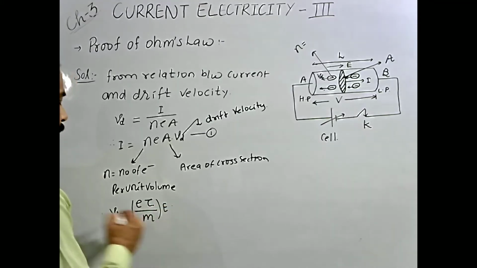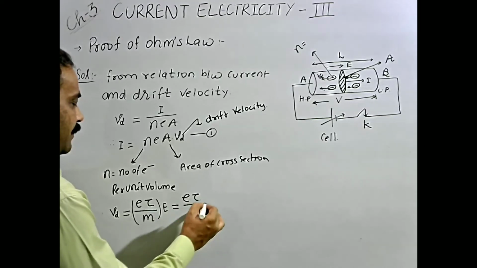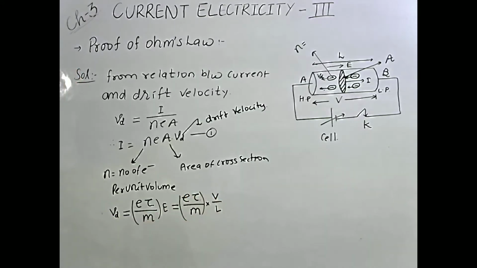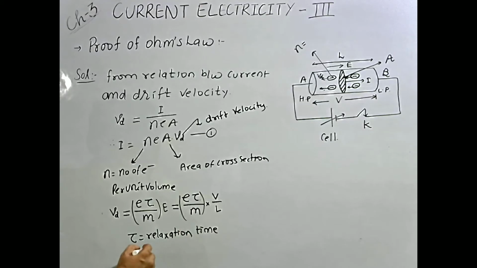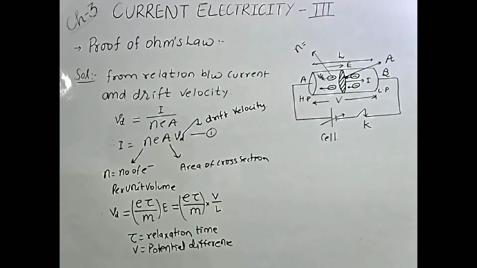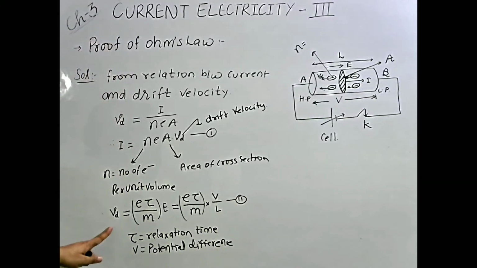And capital E is equal to V by L. So this relation you can also write as Vd equal to e tau upon m into E, with E equal to V by L, where e is the charge on the electron, tau the relaxation time, and V the potential difference between the ends of the conductor. So here it is, the second equation.